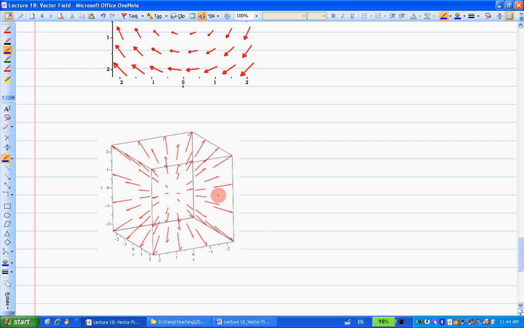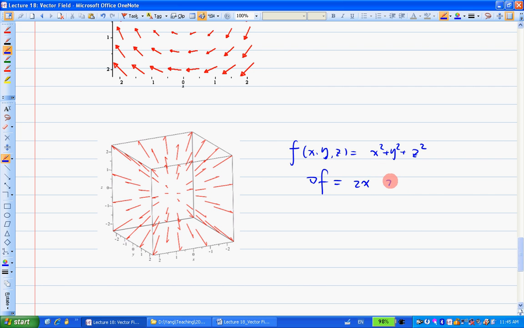And this is a 3D field. For this particular one, let's be correct here. If I have a function f(x, y, z) equal to x squared plus y squared plus z squared, and I calculate the gradient of this function, what do I get?